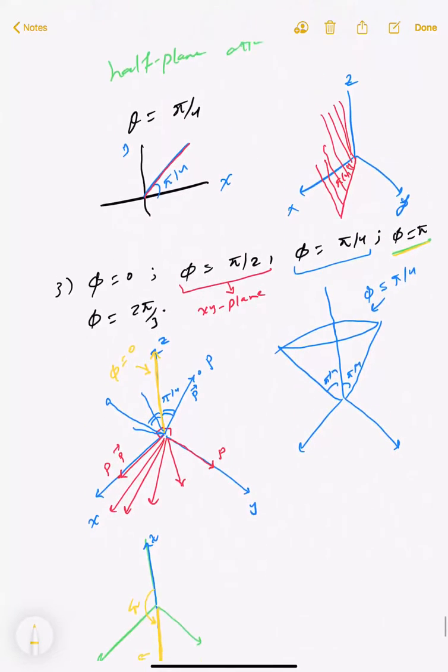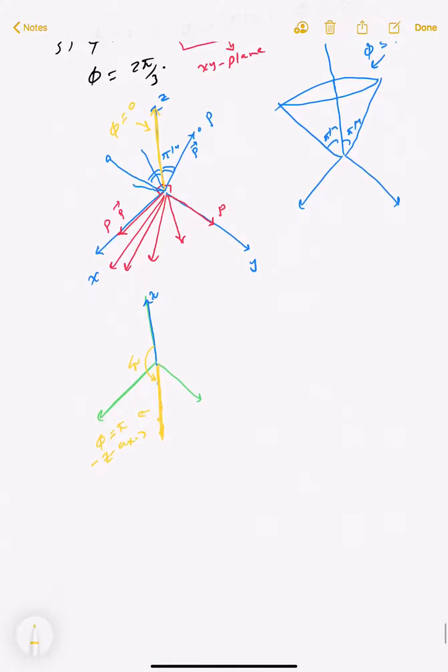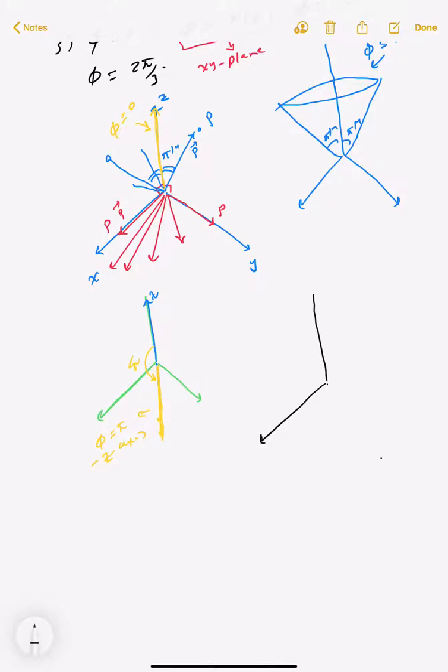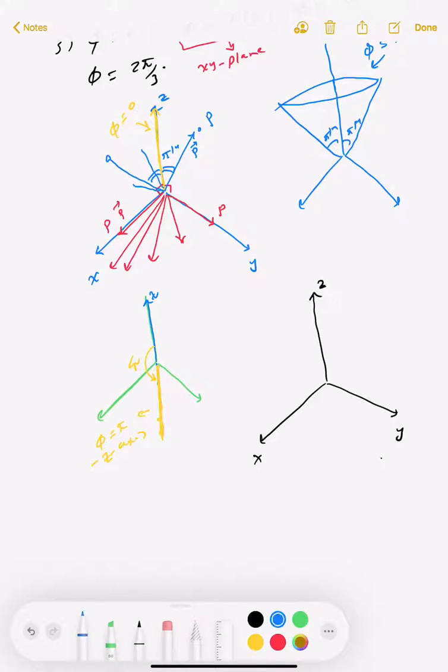So it remains to sketch phi equals 2 pi over 3. So these are the axes again: x, y, z. We need the angle 2 pi over 3, which is 120 degrees. If you start with the positive z-axis, you reach the xy plane when the angle is 90 degrees.